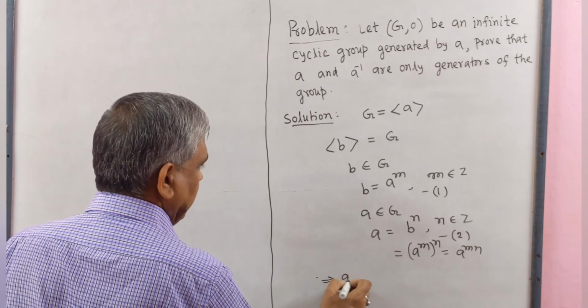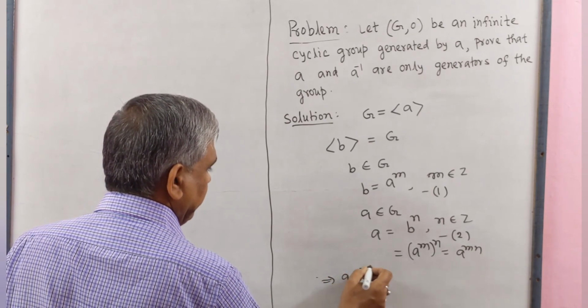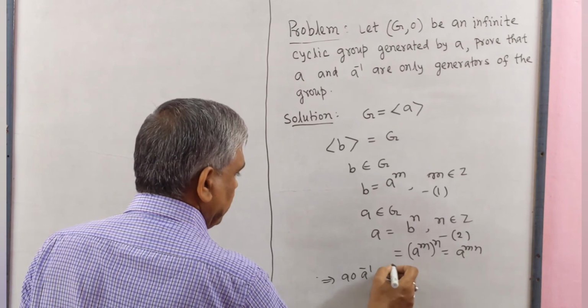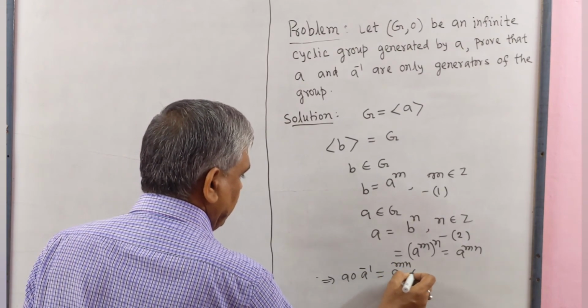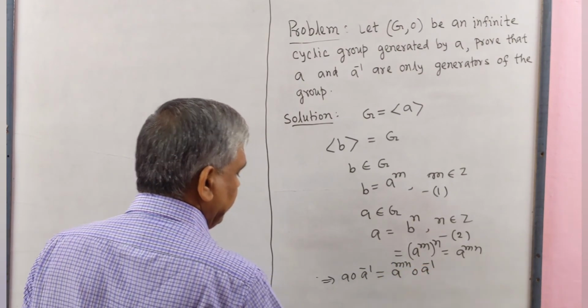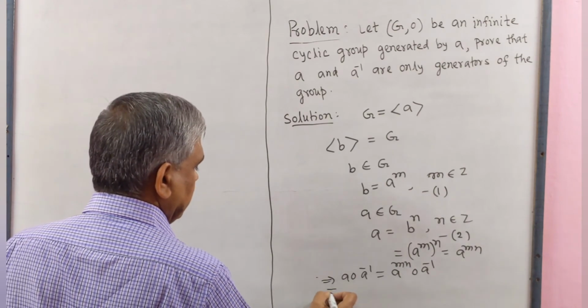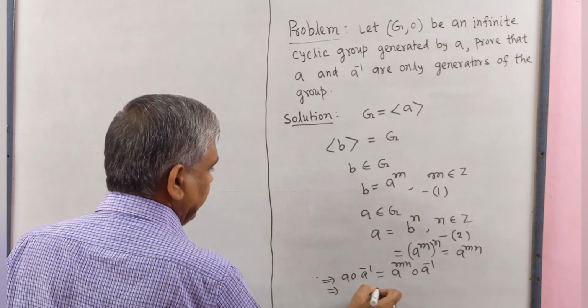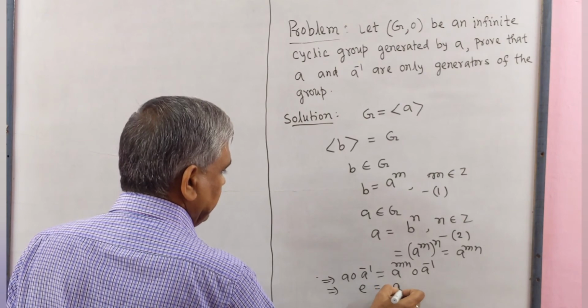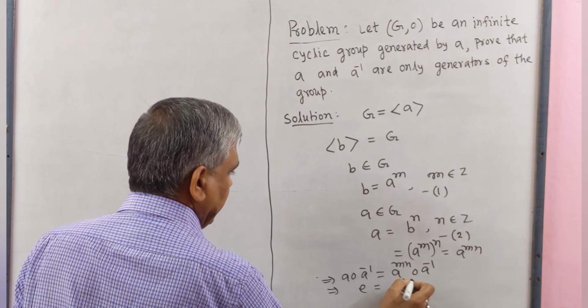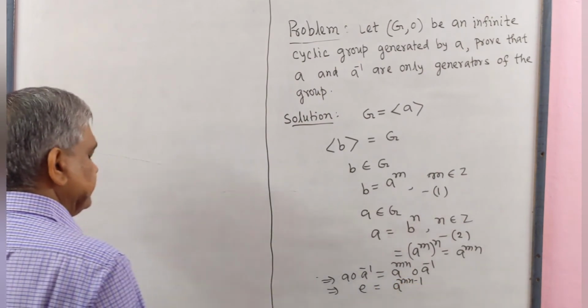This implies that A operation A inverse equal to A to the power mn operation A inverse. This is the identity element and this is A to the power mn minus 1.